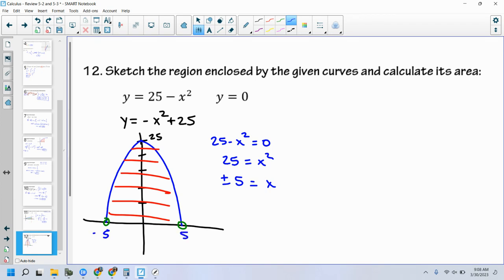That's negative 5 to positive 5. Now I can visualize the area, and it's equivalent to the integral from negative 5 to 5 of 25 minus x squared dx.